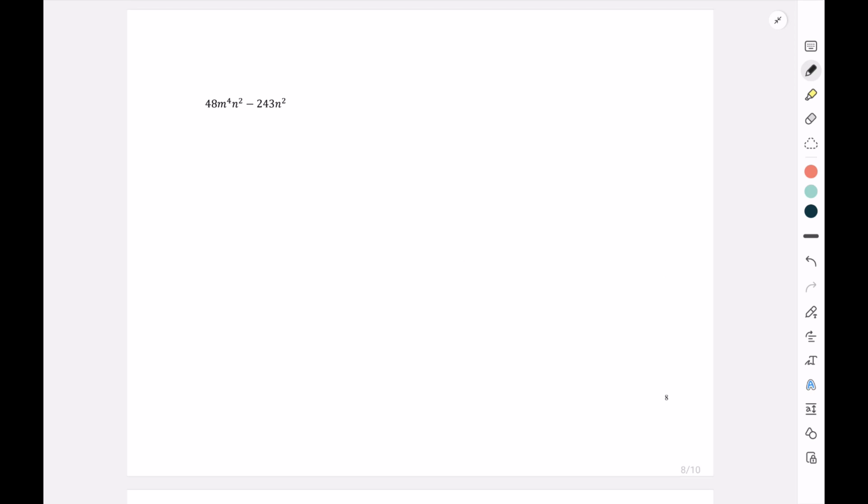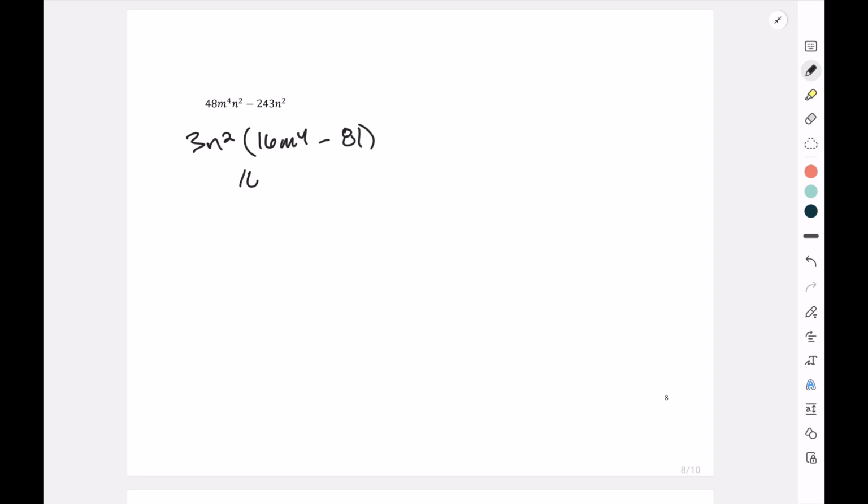Now we're given 48m to the 4th n squared minus 243n squared. And we want to look at the difference of squares, and we can see that pulling out a 3n squared, we get 16m to the 4th minus 81. And we can see that we have perfect squares now.